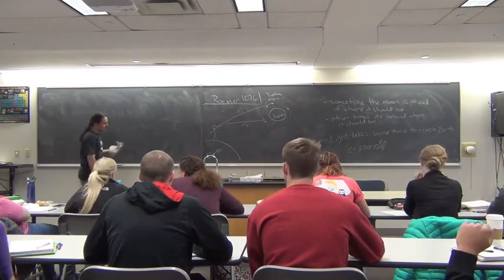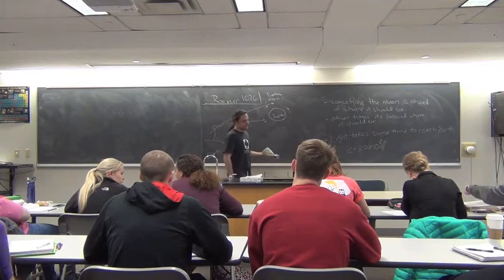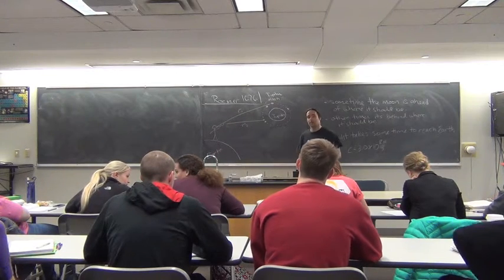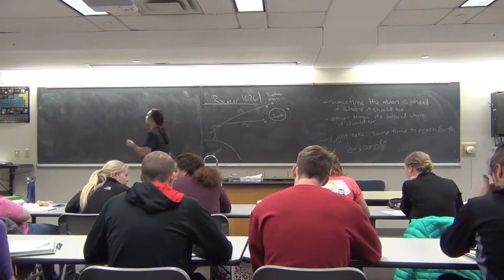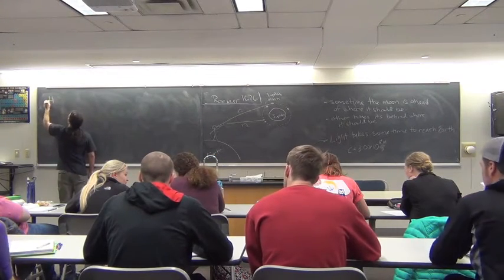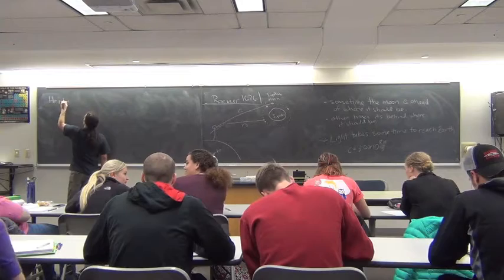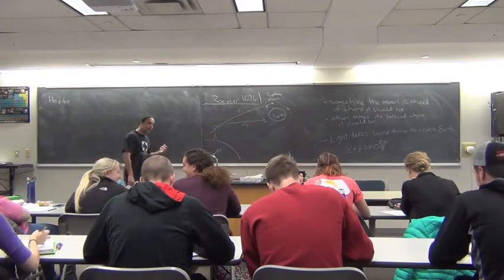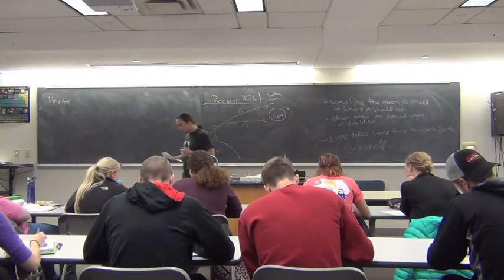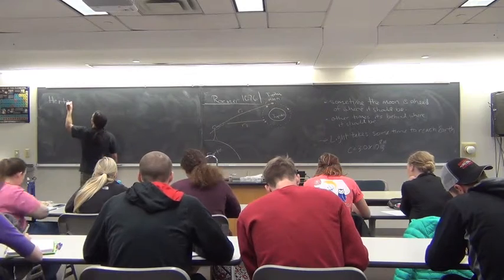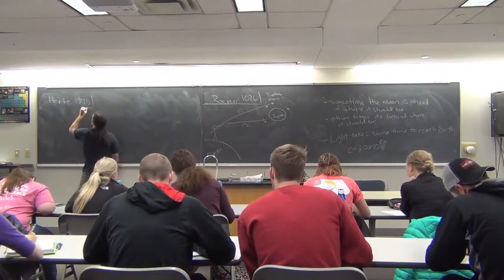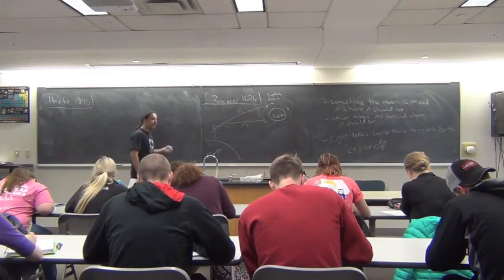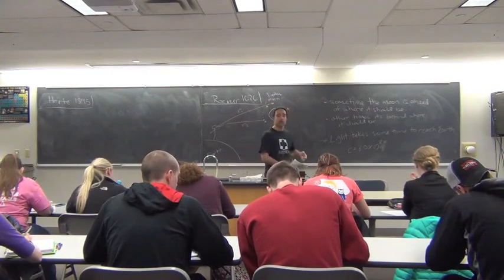So Hertz's thought is, all right, well, if changing electric fields create changing magnetic fields, and that makes an electromagnetic wave, which is equivalent to light, I ought to be able to make electromagnetic radiation just using circuits.